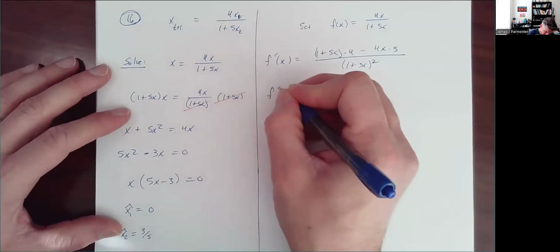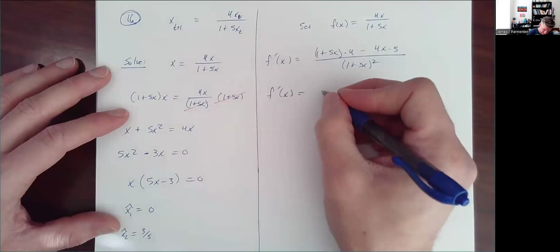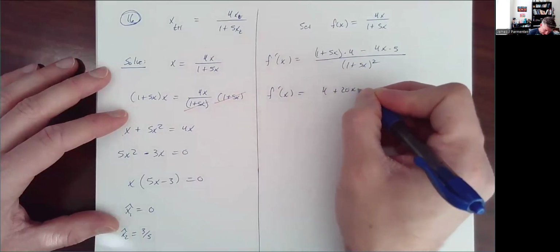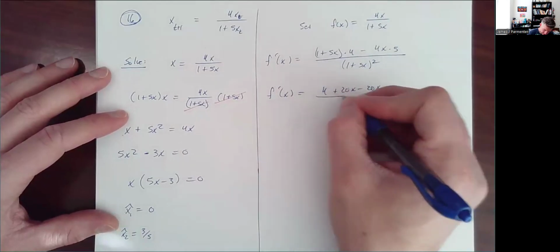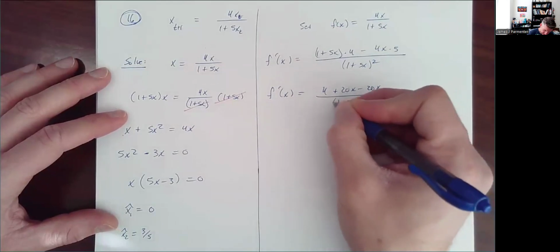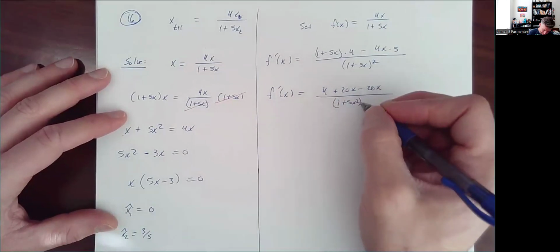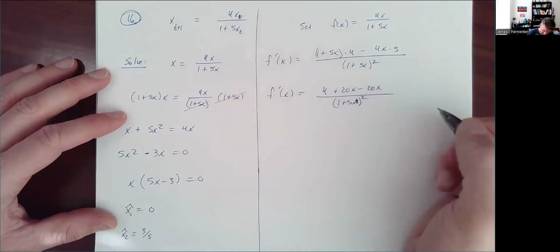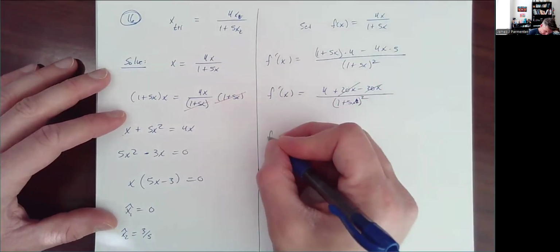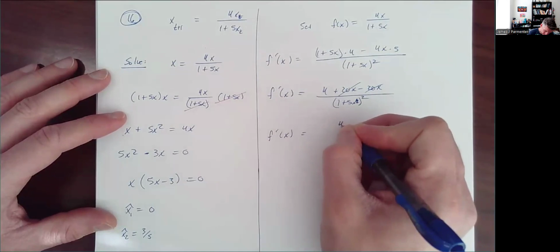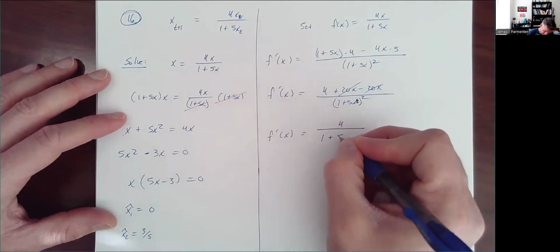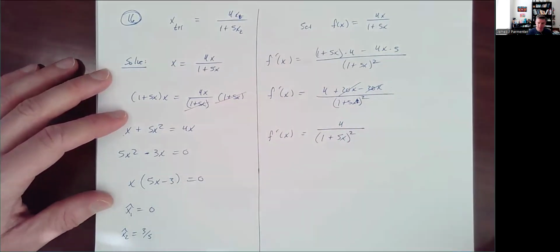We get 4 plus 20x minus 20x, all over (1 plus 5x) squared. Sorry, 5x squared on the outside. The 20x cancels, so your derivative is going to equal 4 over (1 plus 5x) squared.